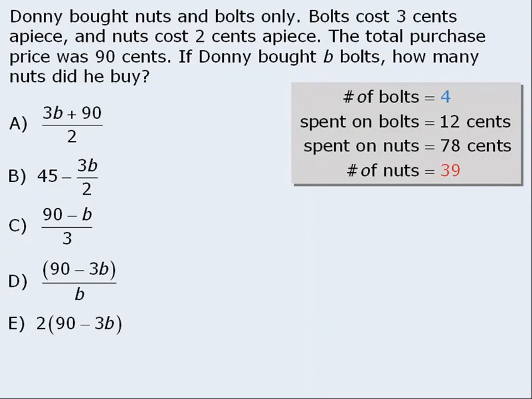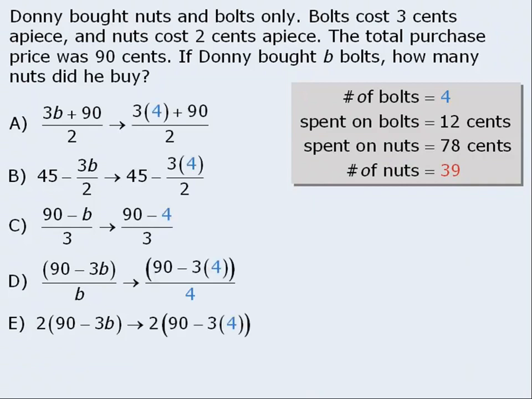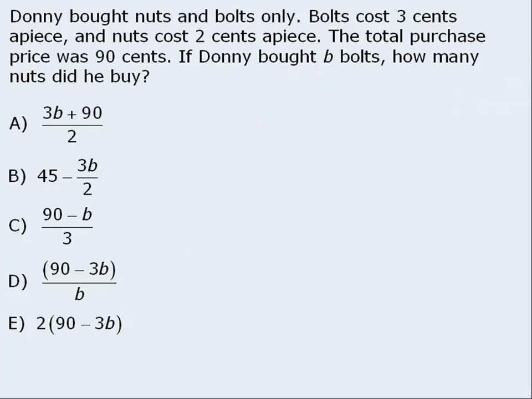So when B equals 4, the number of nuts purchased is 39. From here, we'll plug in 4 for B and see which expression yields an output of 39. When we evaluate this, we see that only one answer choice matches our target value of 39, so the correct answer here is B.